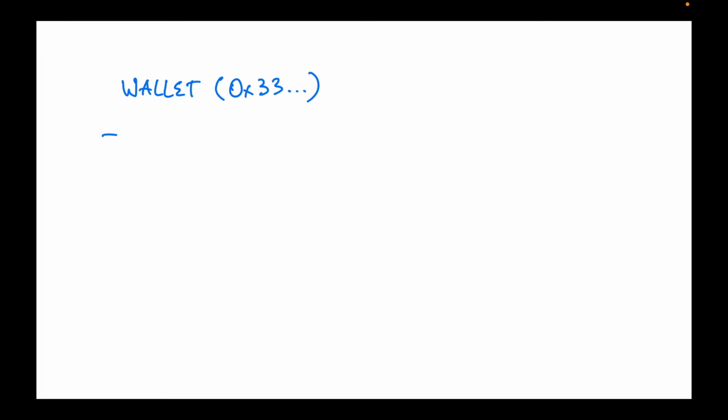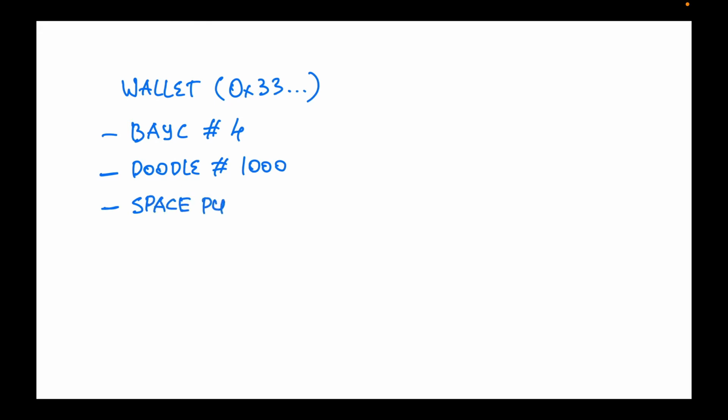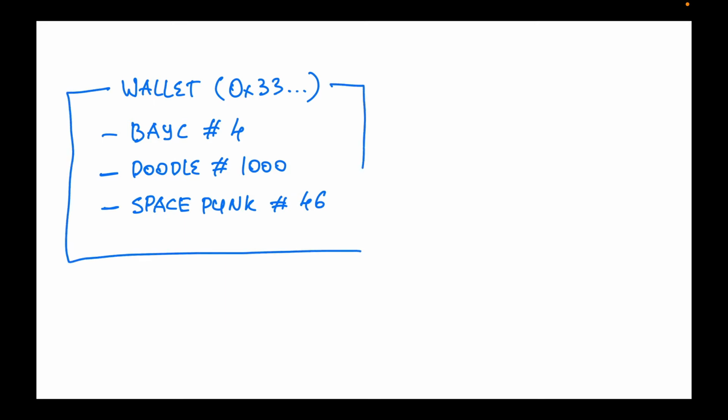So let's say it owns a Bored Ape number 4, and it also owns a Doodle number 1000, and maybe it owns a Space Punk number 46. So this is our NFT portfolio.